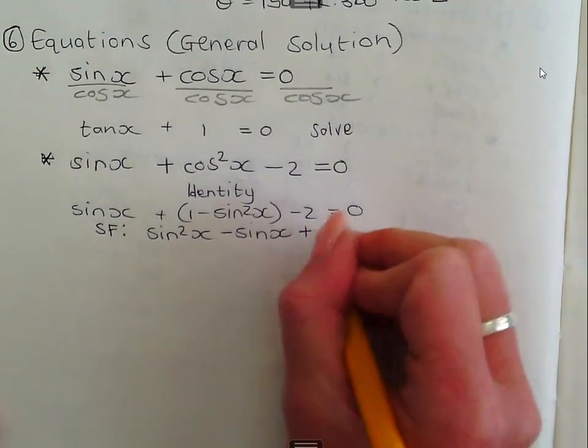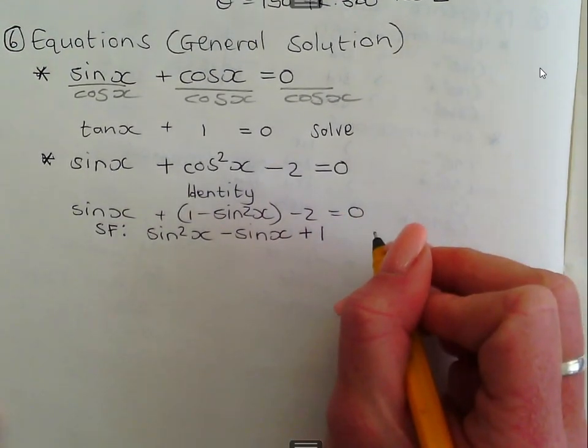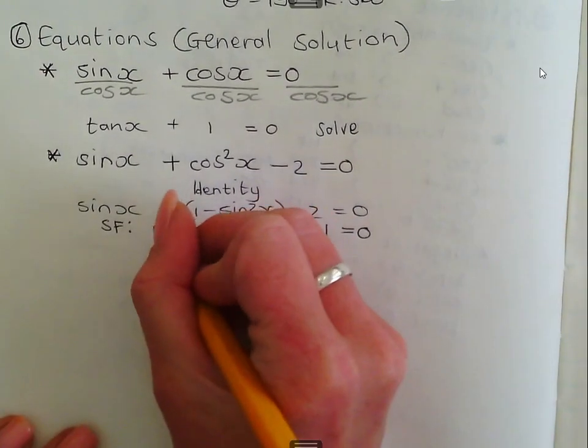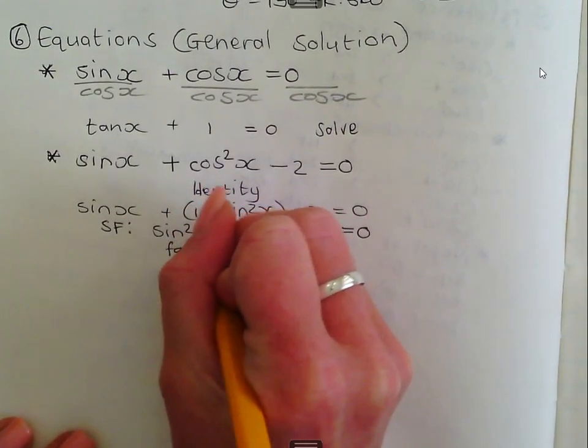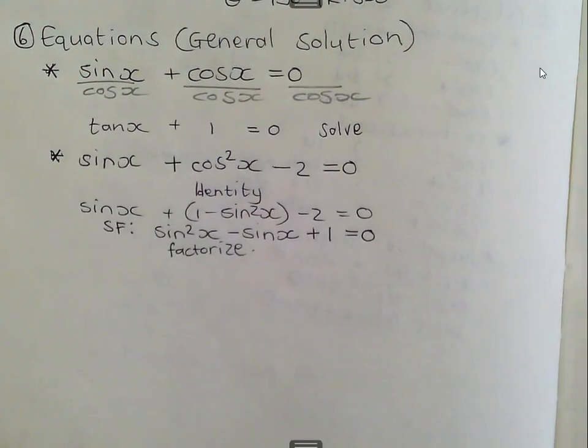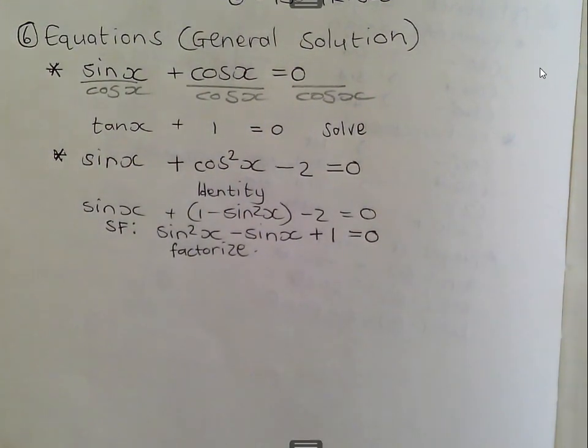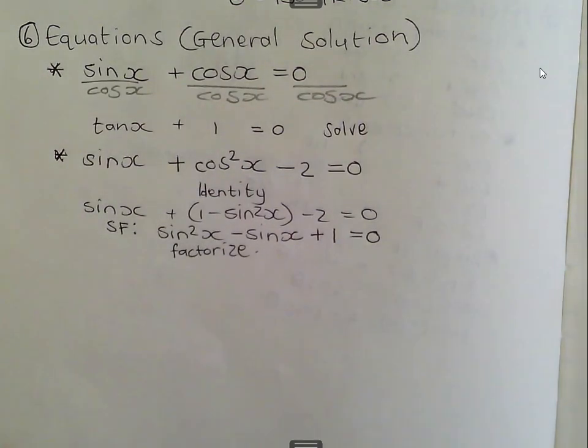Yeah. Equal to 0. And then you factorize it and you solve it. So you get your bracket, two answers, and those two answers can both have two other answers.